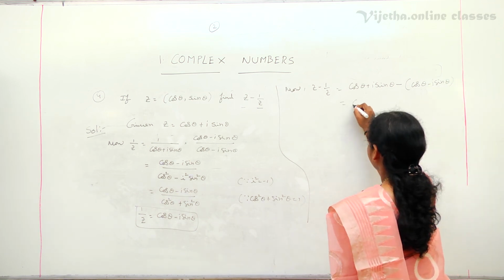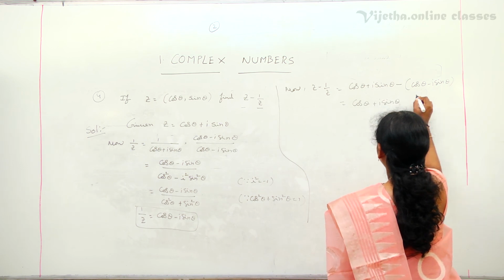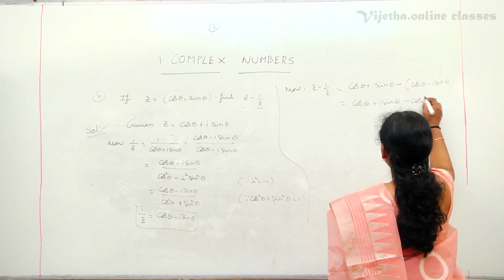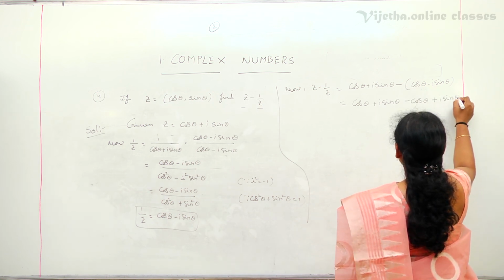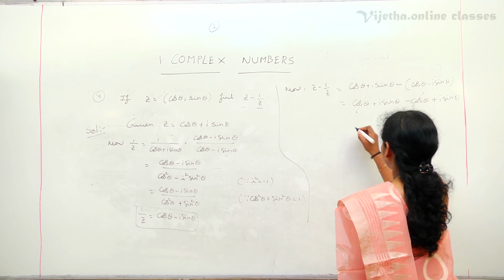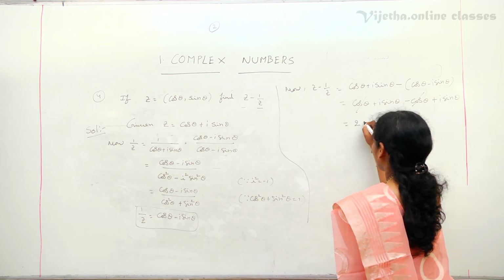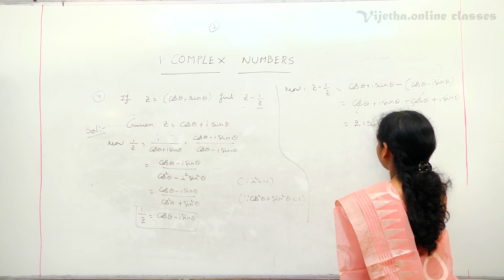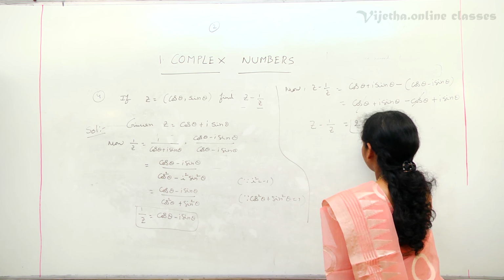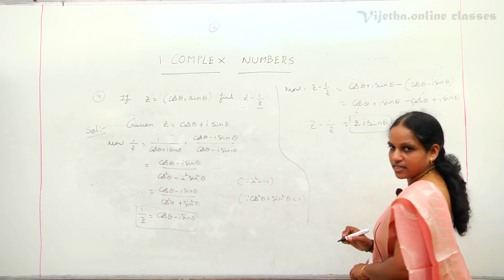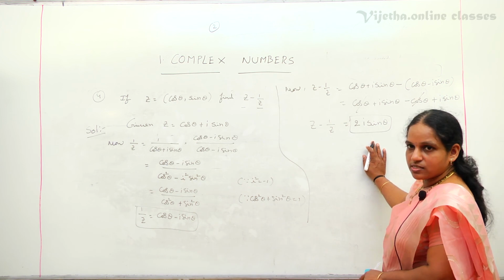Multiplying with the minus, cos theta minus cos theta gets cancelled. So i sin theta plus i sin theta gives 2i sin theta. The value of Z minus 1 by Z is 2i into sin theta.